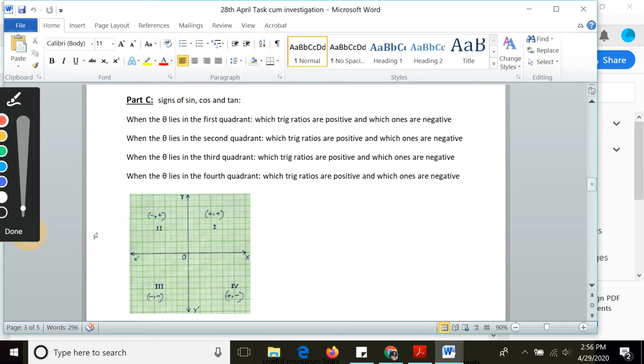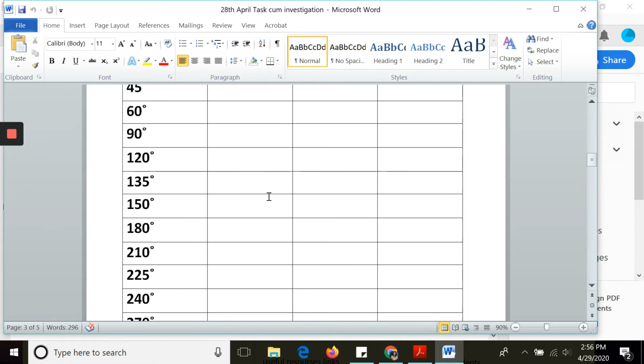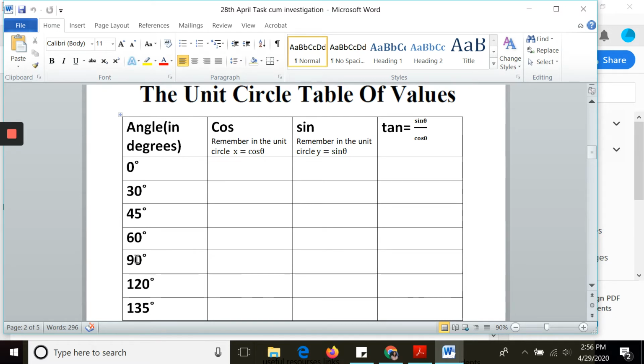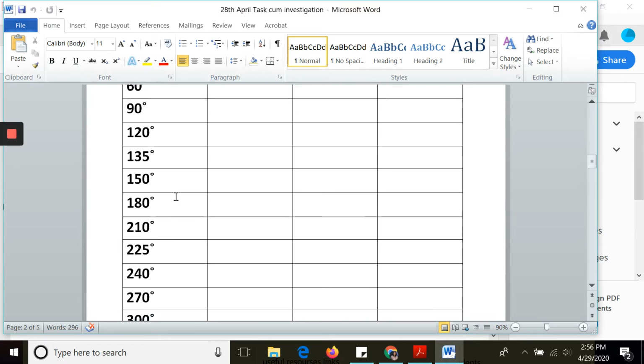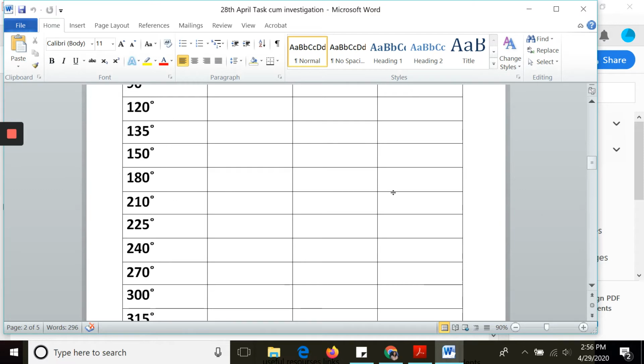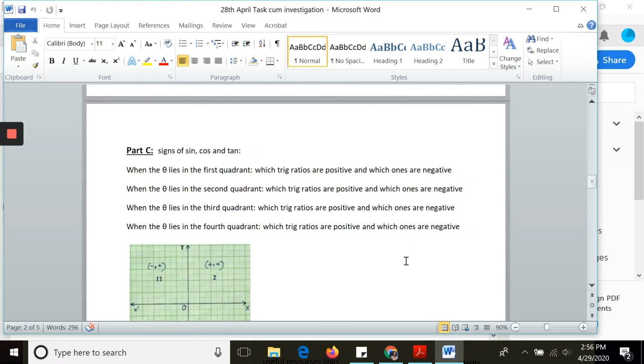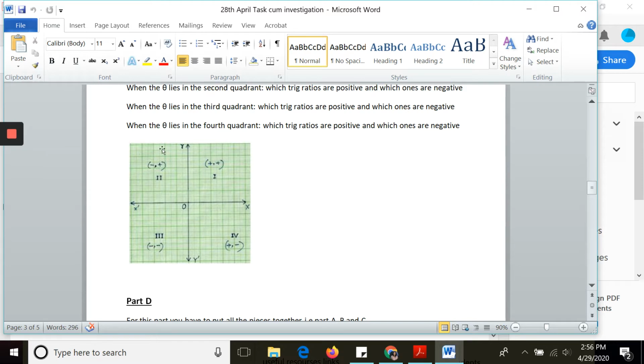So you need to go back and you can see from these table values that from 0 to 90, sine, cos, and tan were all positive, and from 120 till 180 degree, sine was positive, but cos and tan were negative. And in the third quadrant, you must have noticed that tan was positive and sine and cos were negative.